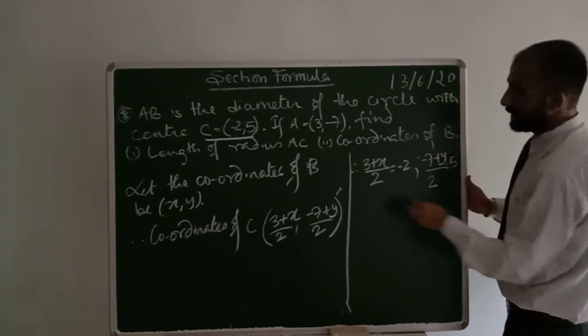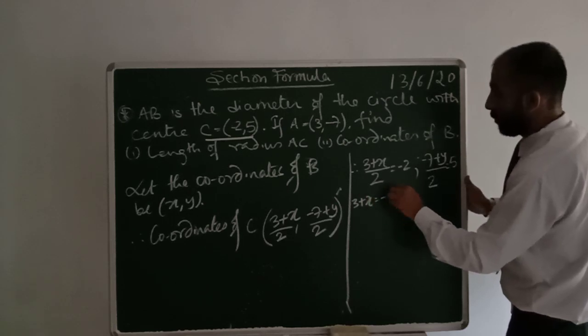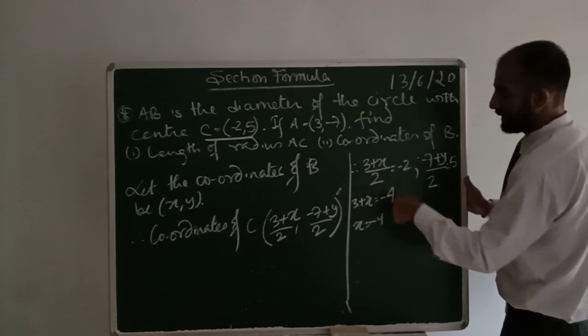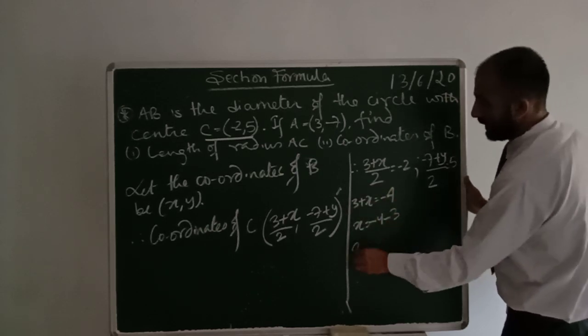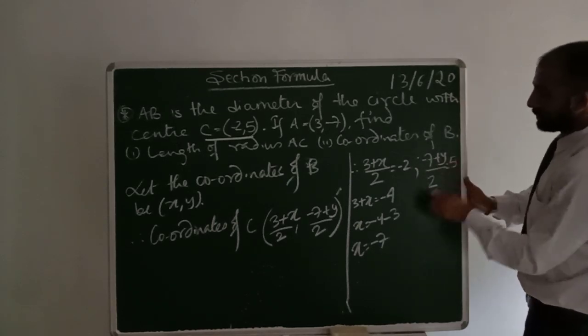Okay, let's cross multiply. 3 plus x equals -4. x equals -4, bring this 3 to this side, -3. That is x equals -7. Similarly, let's cross multiply.